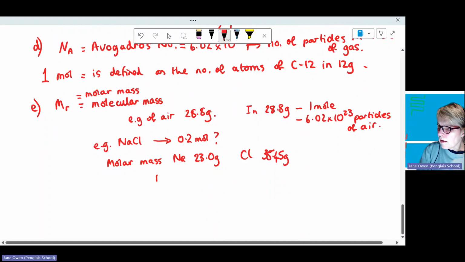So we say that the molar mass of sodium chloride is those two added together because the formula is just NaCl, so there's one of each.